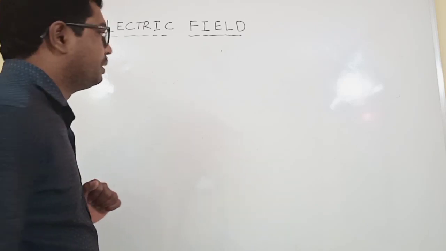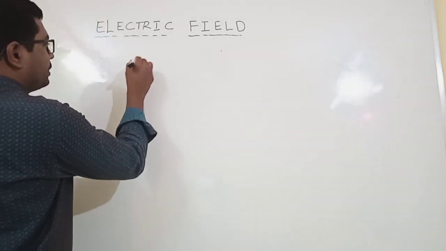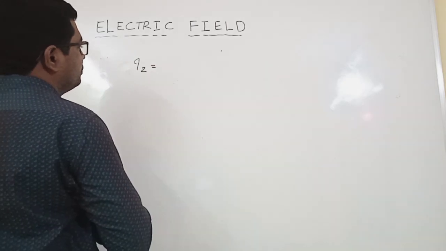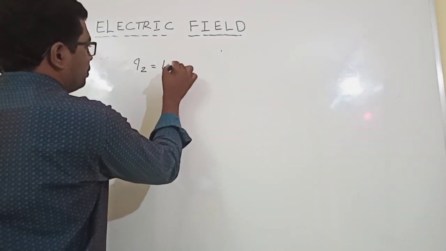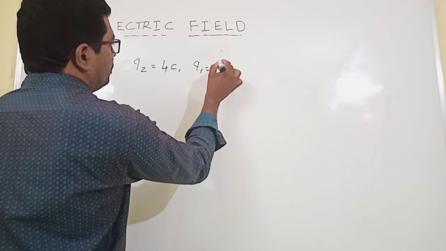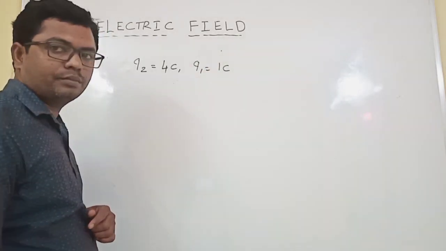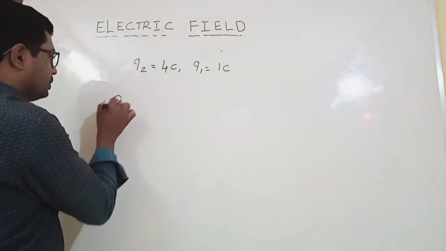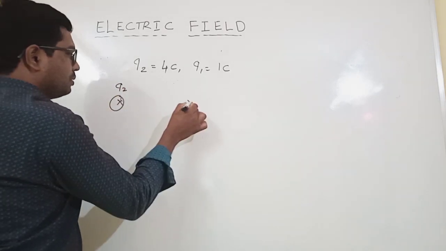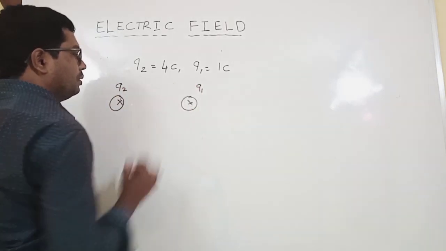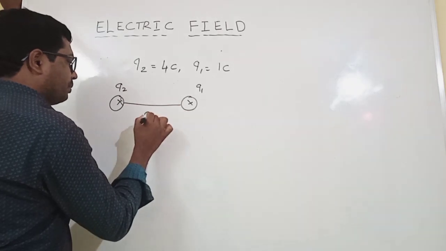There are two charges. One charge of magnitude Q2 is equal to 4 coulombs. Q1 is equal to 1 coulomb of charge. This is the Q2 charge, this is the Q1 charge. These two are separated by a distance of 9 meters.